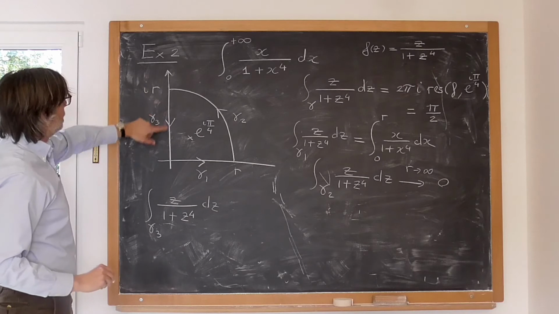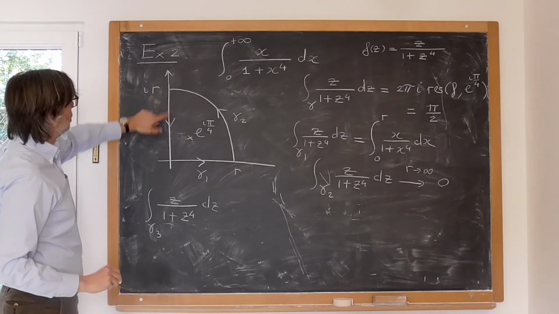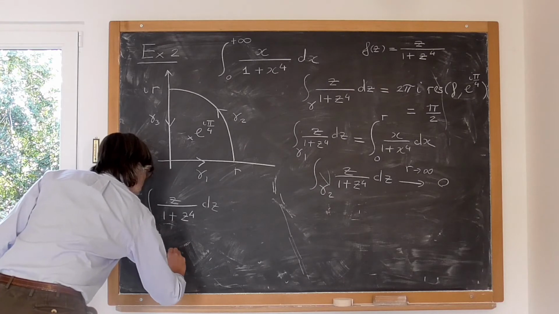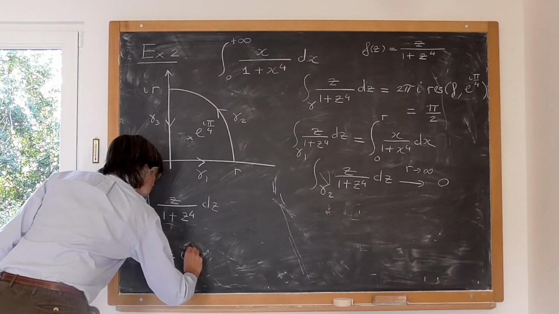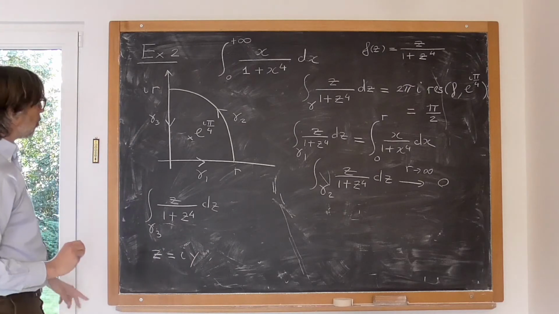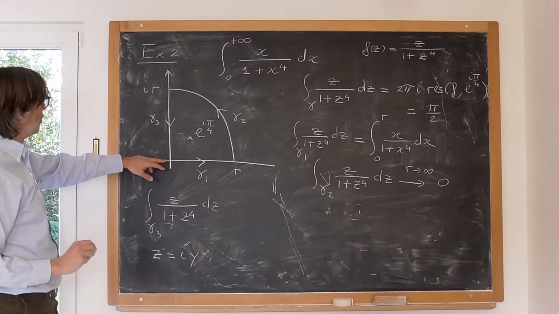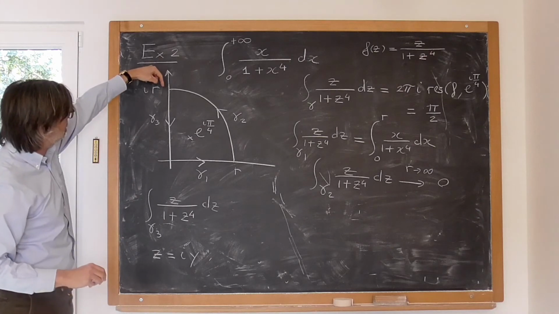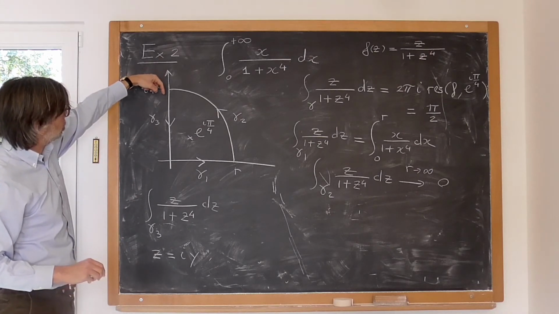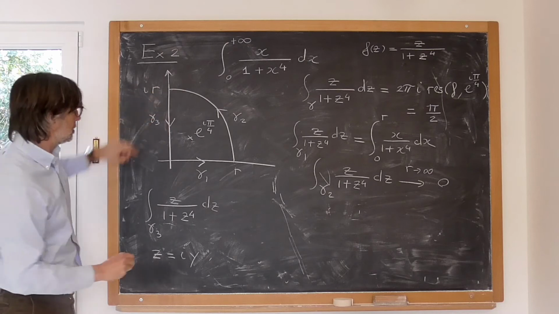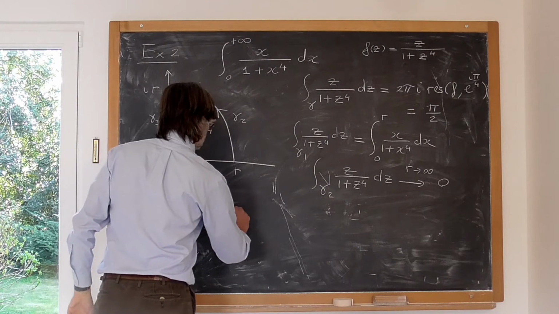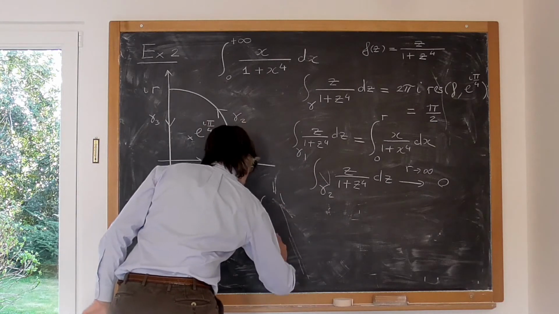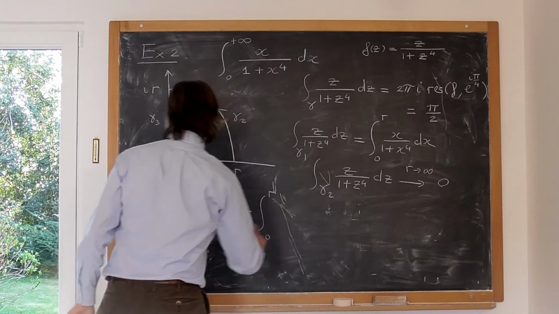So on this line, z is nothing else but i times y, where y is real now and varies between 0 and r. But this integral, we go in the direction of decreasing y's. So this we can rewrite as minus the integral from 0 to r.